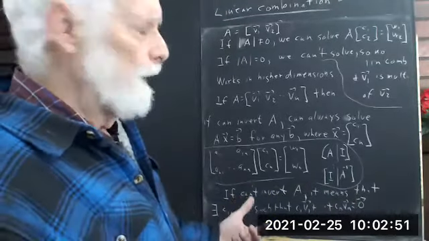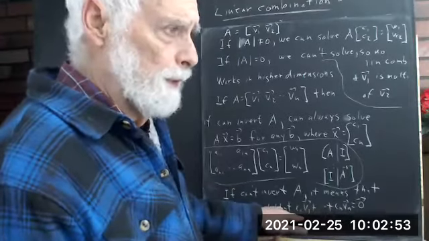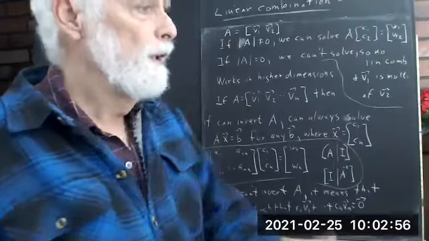And that's equivalent to saying that at least one of these vectors is a linear combination of the others.